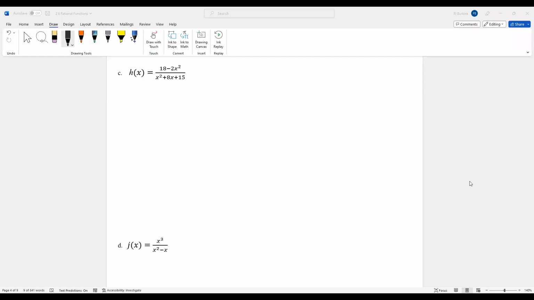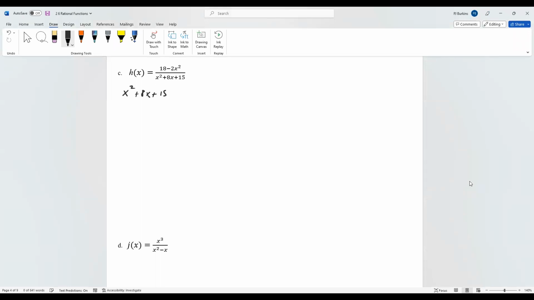For C here, let's look at first the domain of this function. Again, the numerator can be any number. We're allowed to plug in 0, negatives, or positive values for x. It's the denominator that restricts us here. So we need to try to factor the denominator. So we have x squared plus 8x plus 15.